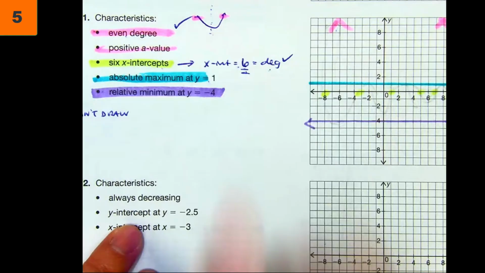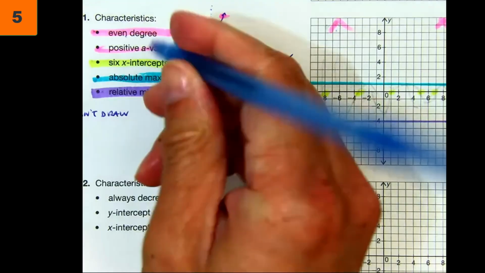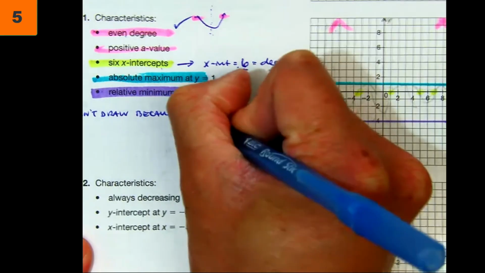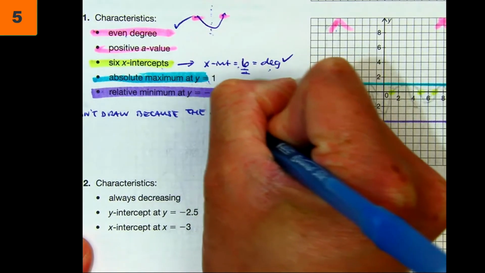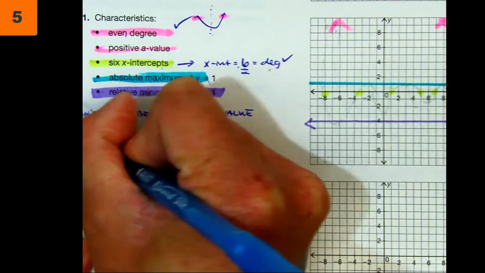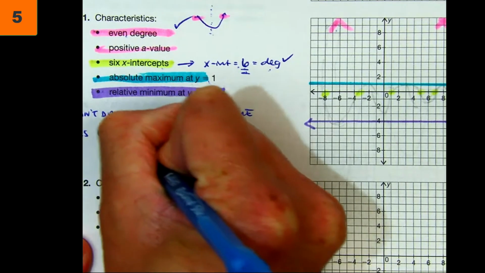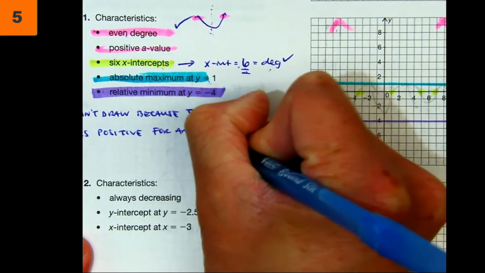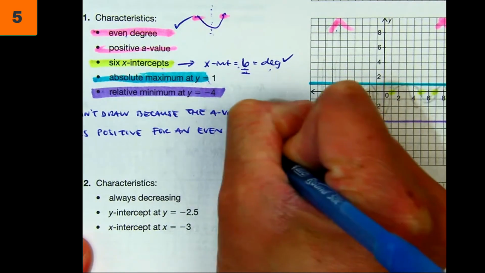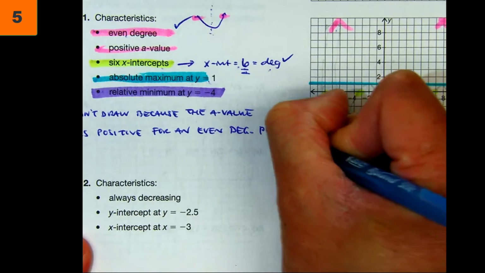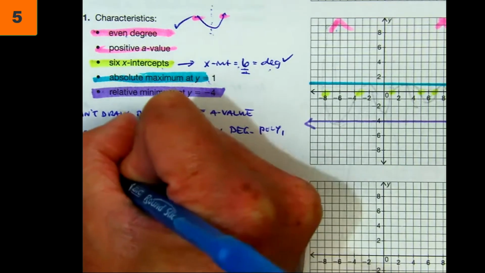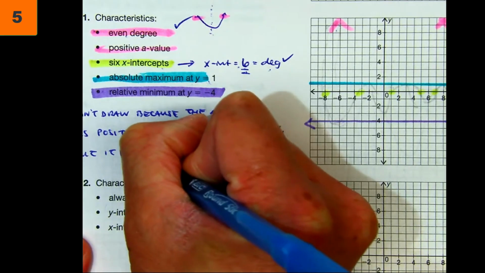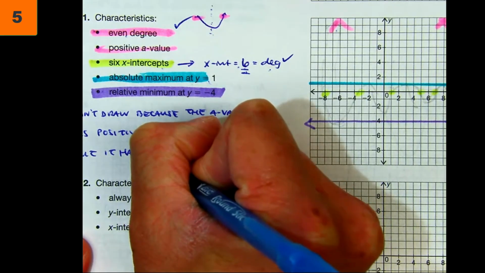because the A value is positive for an even degree polynomial, but it has an absolute maximum.